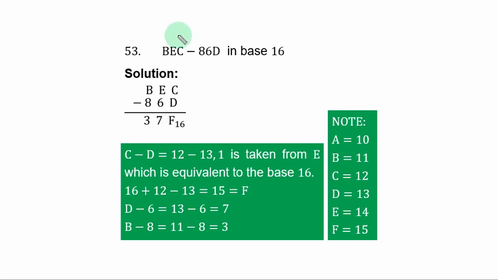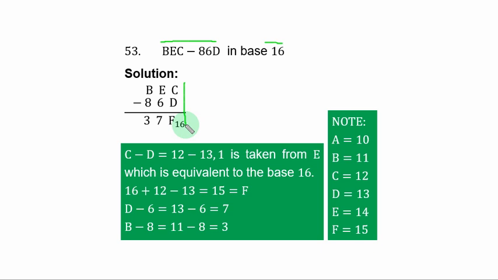Example 53. You have BEC minus 86D in base 16. You arrange the numbers for subtraction in this pattern.